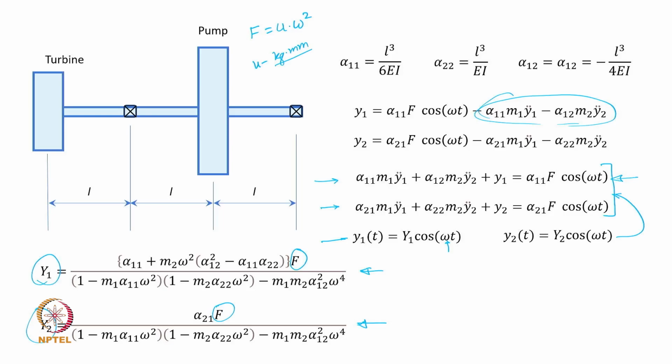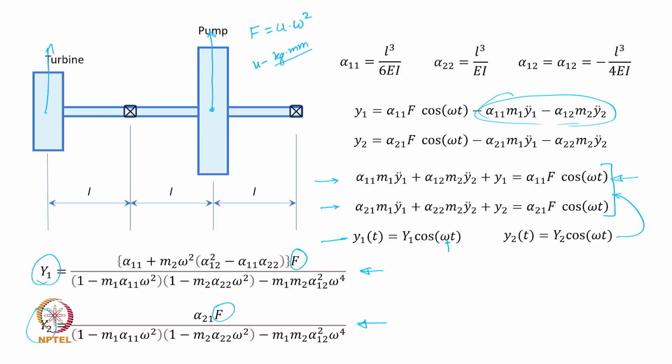Now, if you find y1 and y2 based on the unbalance here, you can separately find out what the unbalance F is here and find out the response, and add these two responses together, or use the equations with the appropriate modification, with alpha 1 2 and alpha 2 1 coming into the picture.